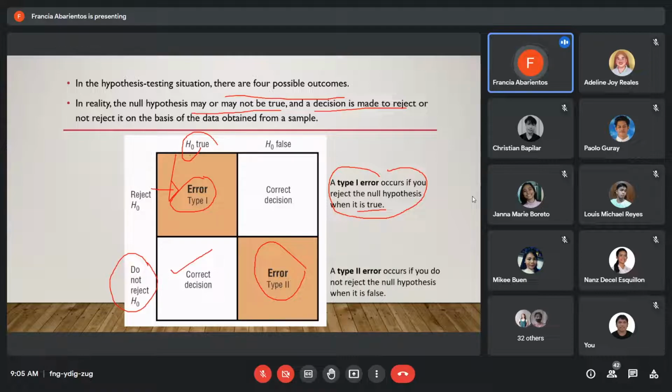Another error, class, is when you have your null hypothesis false. Type 2 error occurs if you do not reject the null hypothesis when it is false. Okay? So, the correct decision there, class, is to reject when our null hypothesis is false. But when you do not reject the H0 and the H0 is false, therefore, the error you made is a type 2 error.